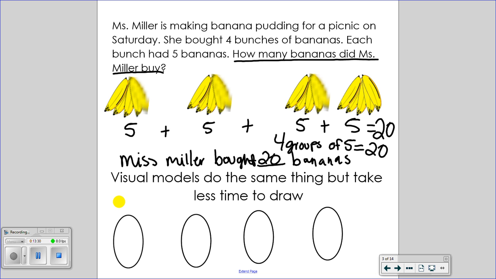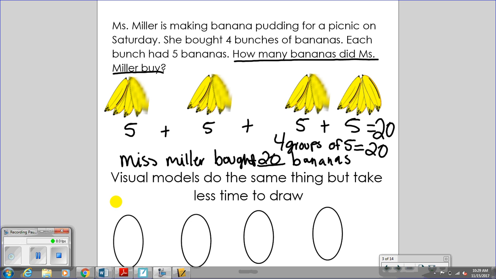The bunches, when they're all stuck together. So I have 4 groups or 4 bunches, and then I have something inside each group. What is in each group? Damien? 5. So inside each of your circles, I want you to put 5 dots.